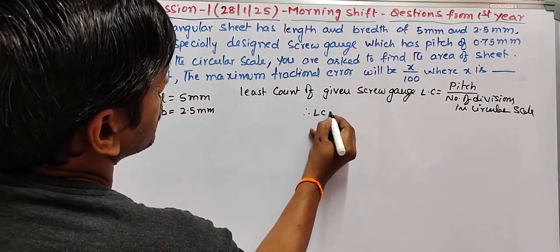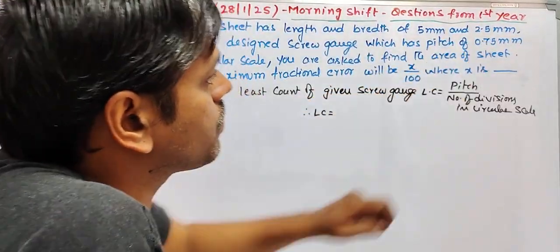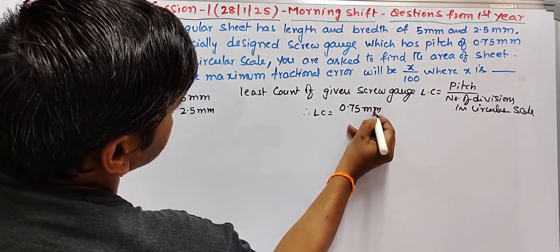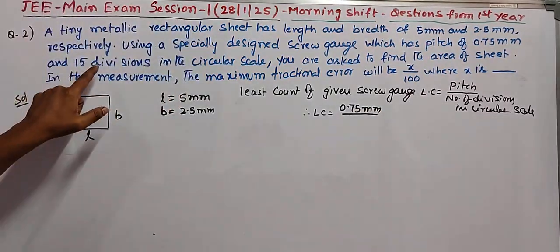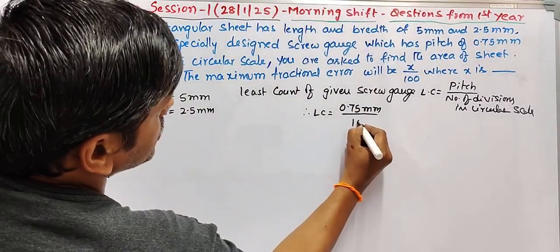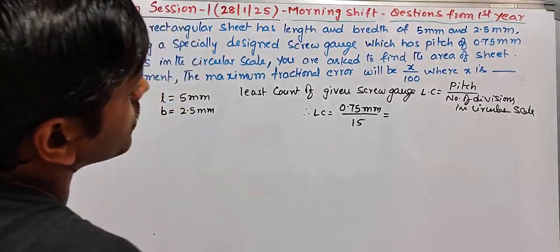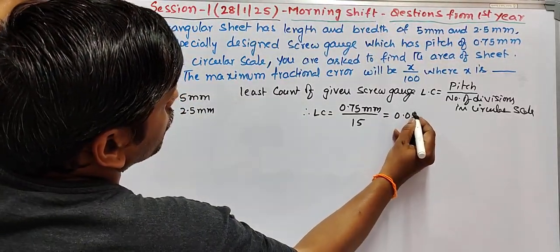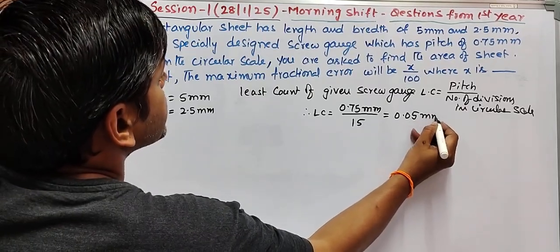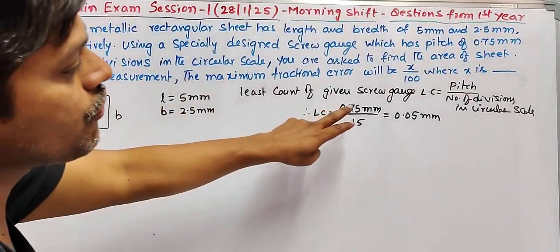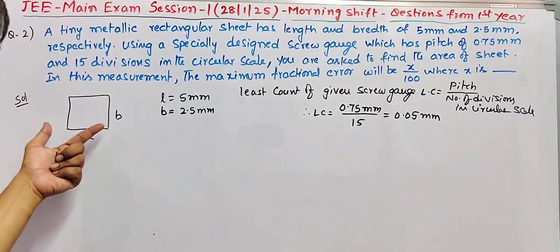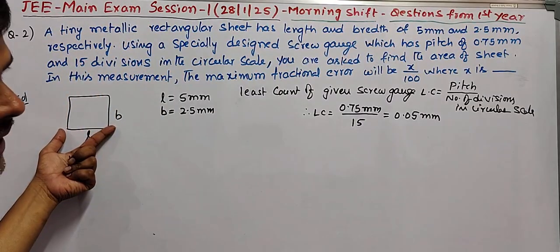What is the pitch of the screw? 0.75 mm, by how many divisions are in the circular scale? 15 divisions. So 0.05 millimeter is the least count of this screw gauge. So by using this instrument, you want to calculate its cross section area.